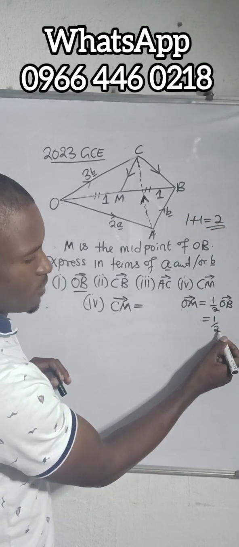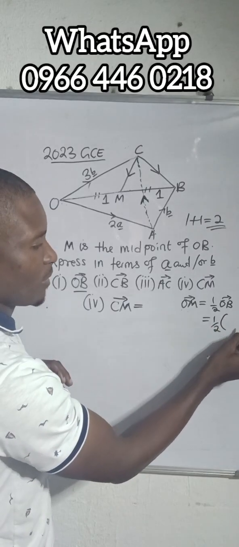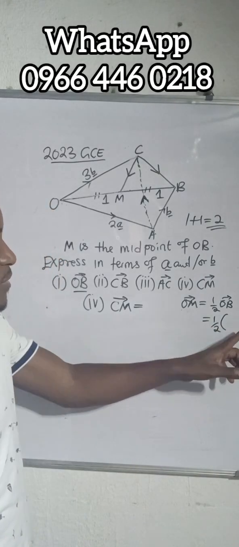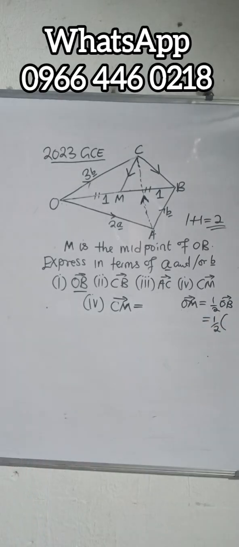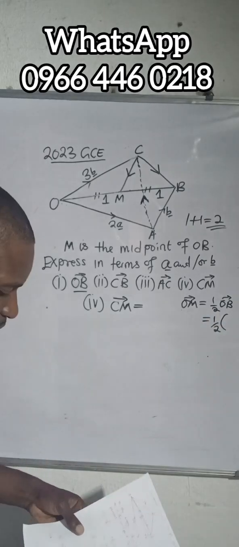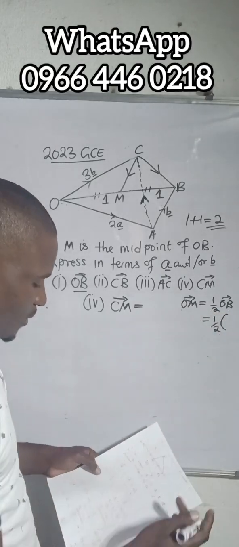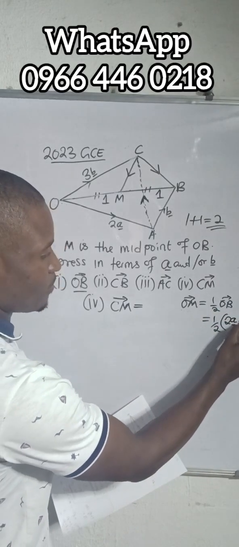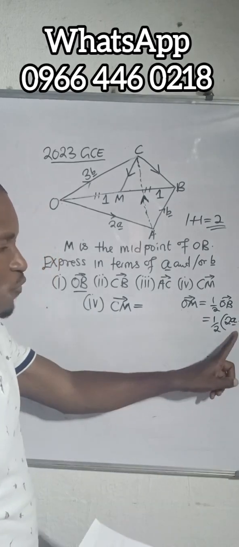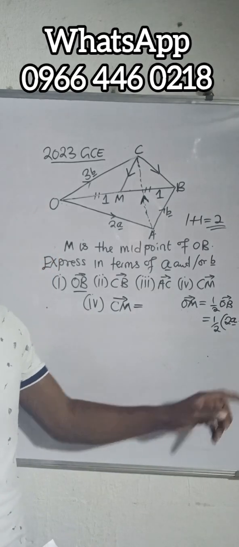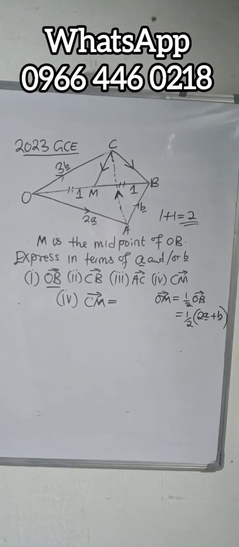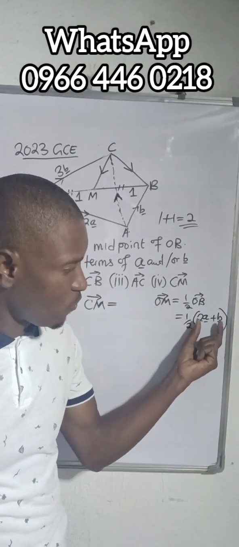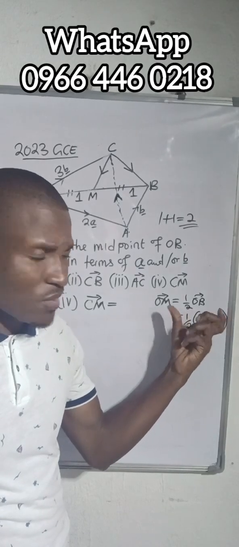Remember, we had already found the OB, which was 2 vector A plus B. So this was the vector for OB.